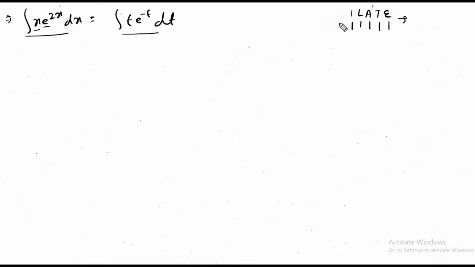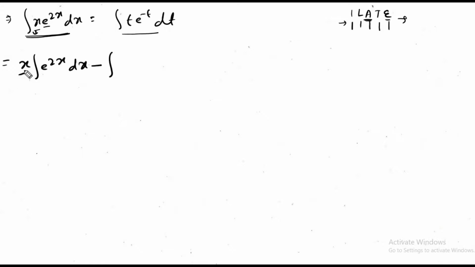So according to this rule, algebraic is first, then exponential. So in this equation, the algebraic function is taken out from the integration, left side term. The algebraic function is out from the integration and we integrate the exponential function. Okay, and we take a minus, then integration.